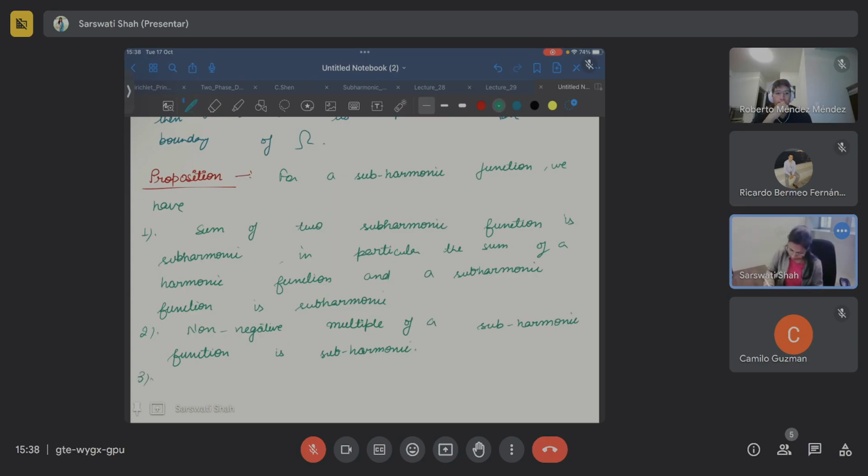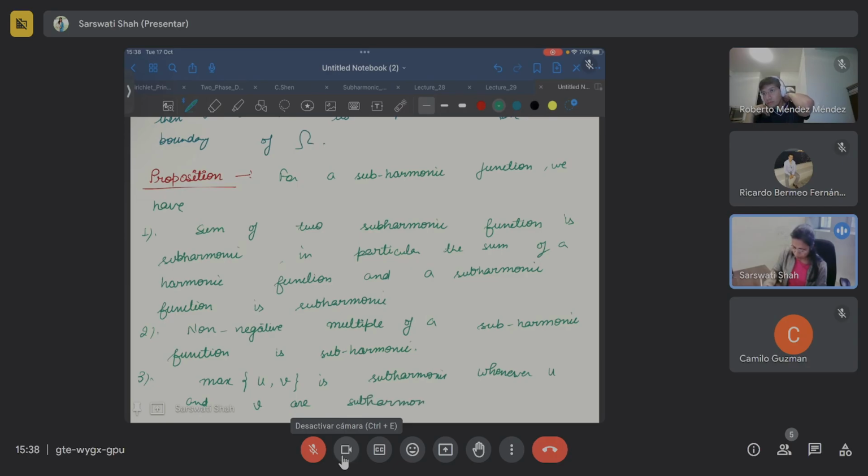Third, the maximum of u comma v is subharmonic whenever u and v are subharmonic. This point is very trivial, because if u and v are subharmonic, then for sure their maximum is going to be a subharmonic function.